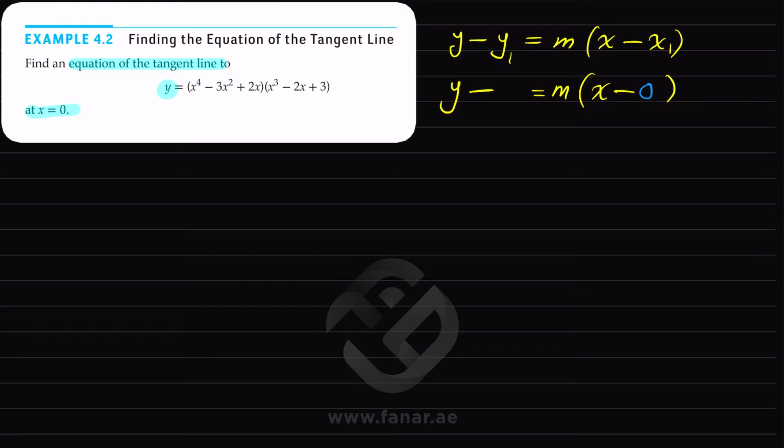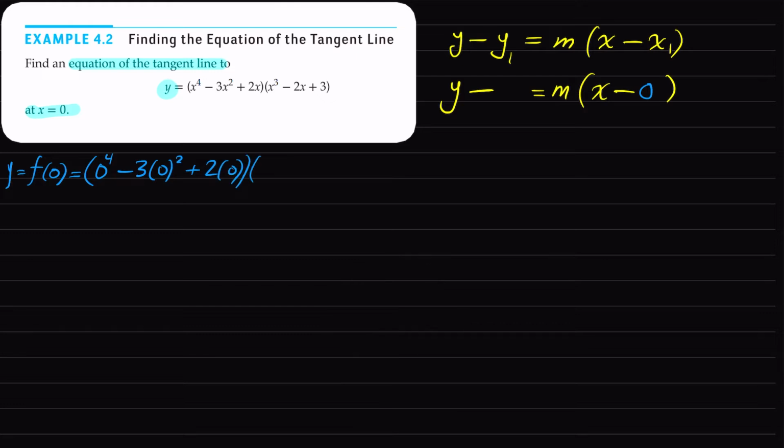So f of 0: we will substitute 0^4 minus 3 times 0 squared plus 2 times 0, multiplied by 0 cubed minus 2 times 0 plus 3. All of this first bracket is 0, multiplied by the second bracket, which is 3. So 0 times 3 is 0. So y is also equal to 0.